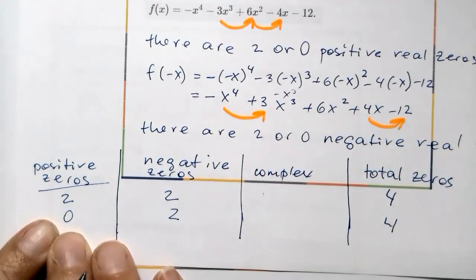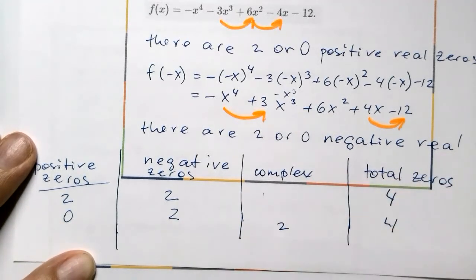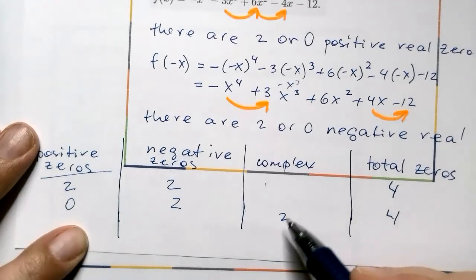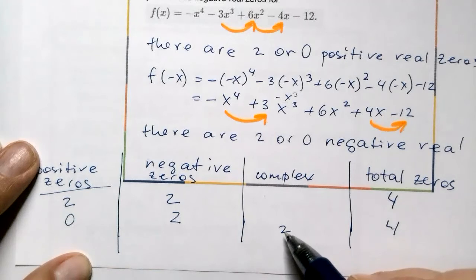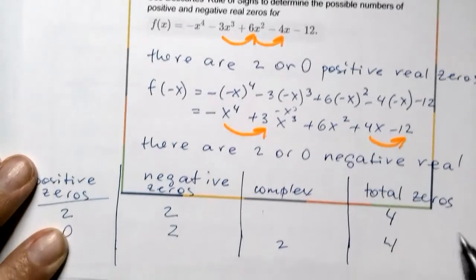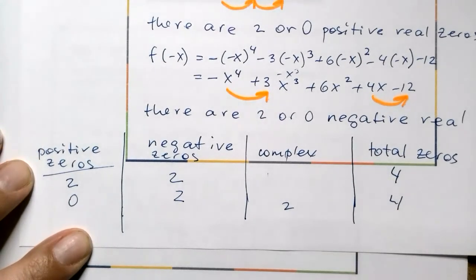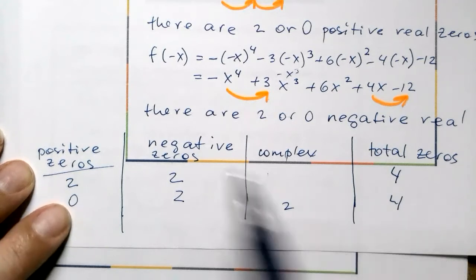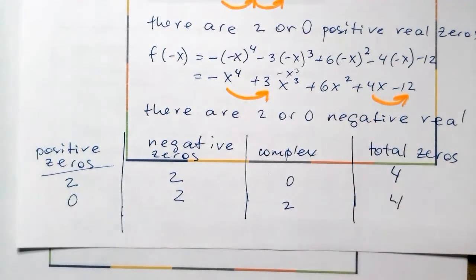So if there are 0 positive and 2 negative, then there must be 2 complex zeros. And complex come in pairs. That's why Descartes' theorem says this is the maximum possible, but then you reduce by 2 the number of possible positive zeros. Same for negative zeros, because complex zeros come in 2s.